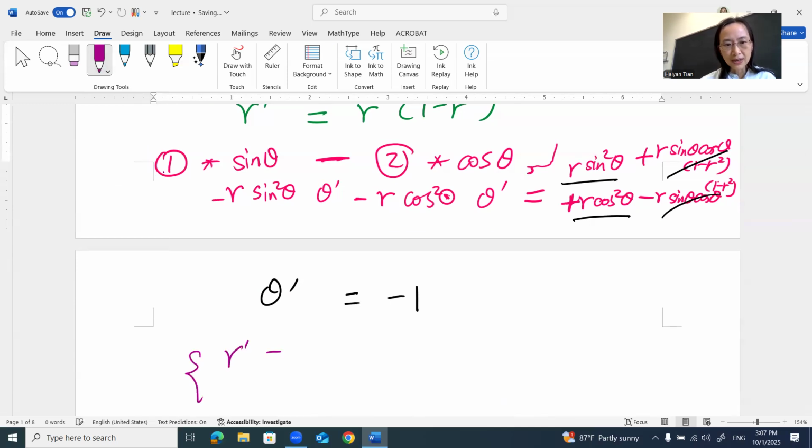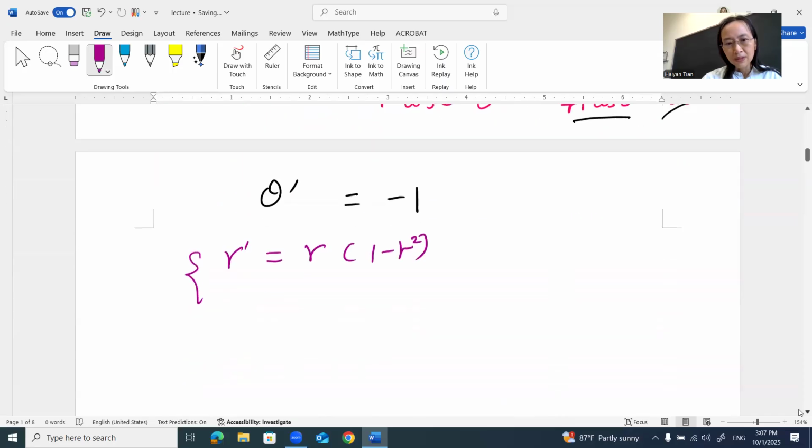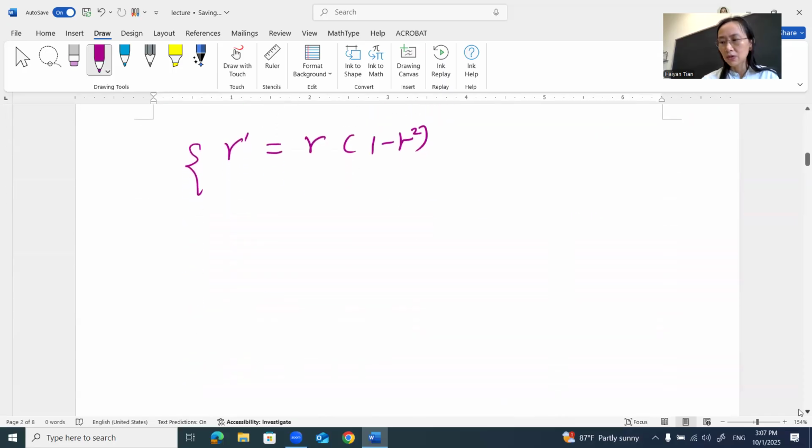The first one is r prime equals r times (1 minus r) times (1 minus r squared). The second equation in polar coordinate form is theta derivative equals -1.